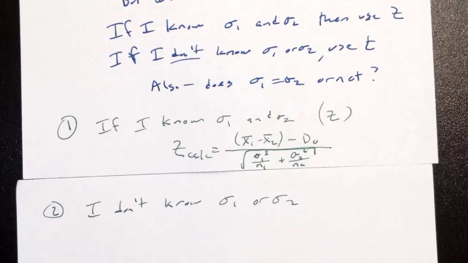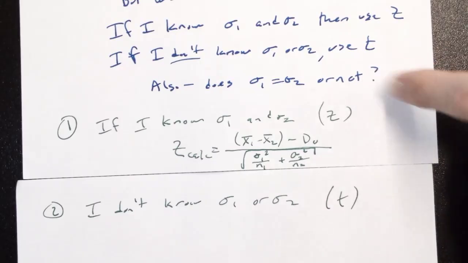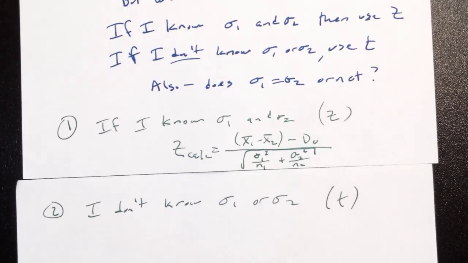If I have to use the sample deviations, then I want a T. But here's where the additional question comes into play. If I don't know the standard deviation, it is possible that the variance in one group will be different than the variance in the other group. It is possible that they're the same, but it's possible that the variance is different.